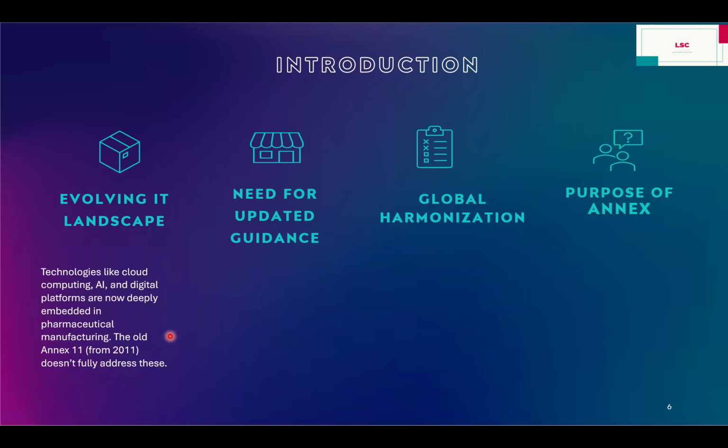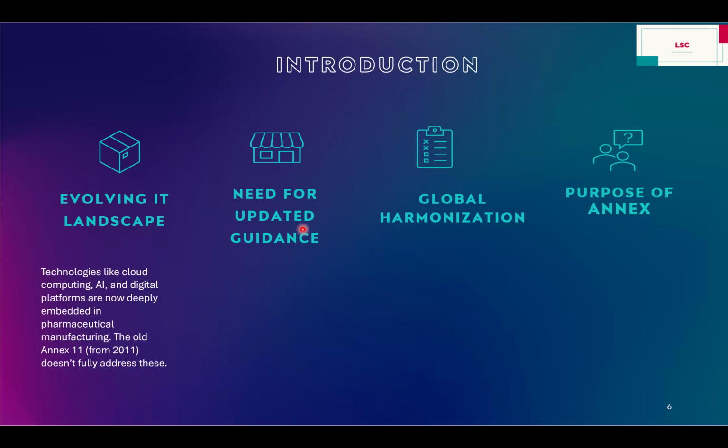The old Annex 11 from 2011 does not fully address these. We all know about that. In the Annex 11 that is currently effective, this is not available: what cloud computing is, what AI is, and how digital platforms are involved in GMP activities.